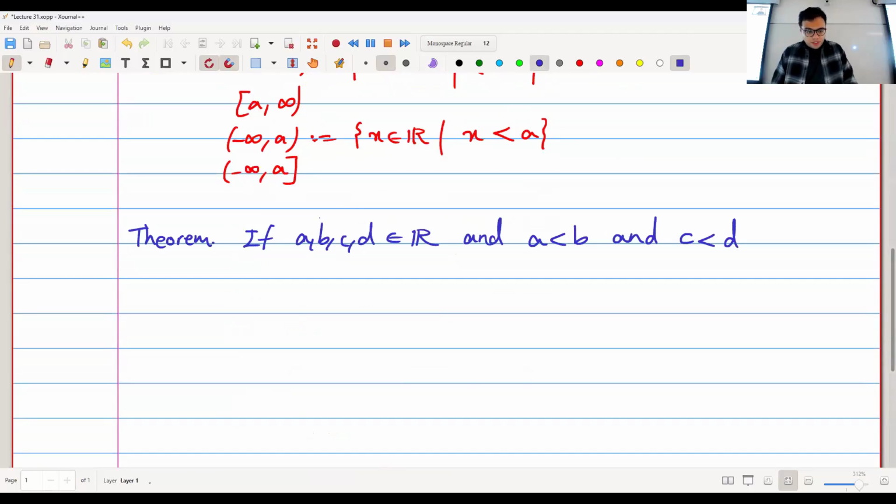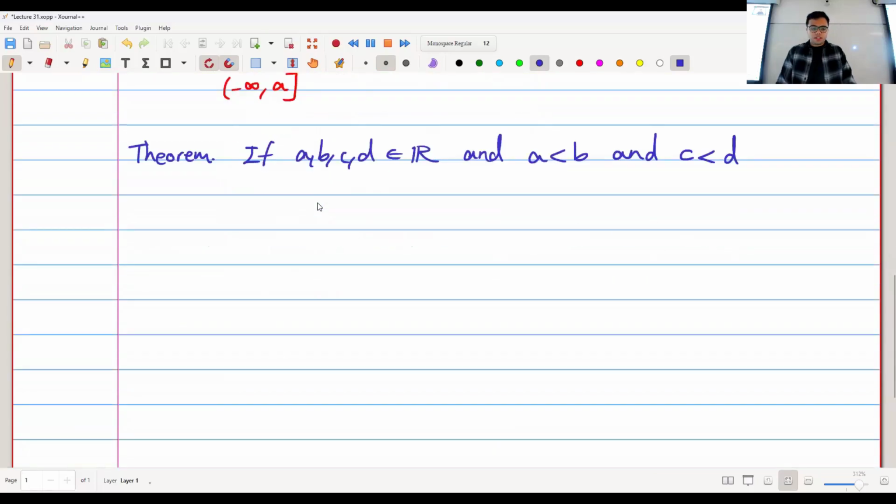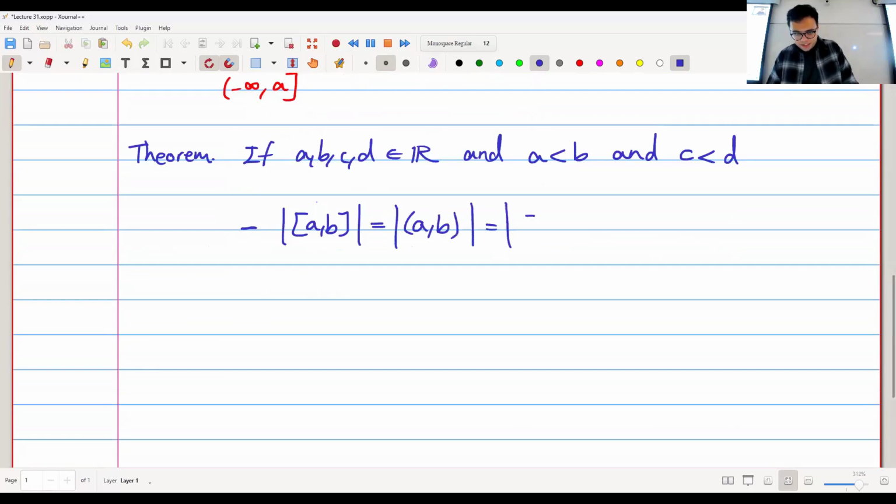First of all, I want to prove that it doesn't matter if you have a closed segment or an open segment or so on, all of them are the same size. So first of all, I want to prove that the open segment AB has the same size as the closed segment AB and the same size as the segment where one side is closed, the other side is open, and so on. I don't care. Actually, there's only one more case.